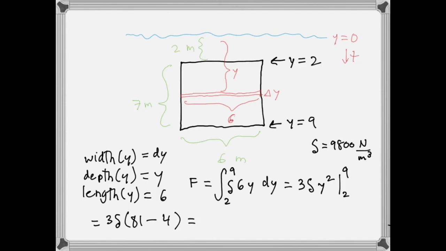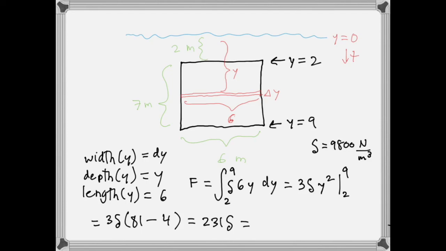Okay. So I get 77 times 3. 77 times 3 is, I think, 291. Let me just check on my calculator. Sorry, 231, I mean. So 77 times 3. So we get 231 delta.